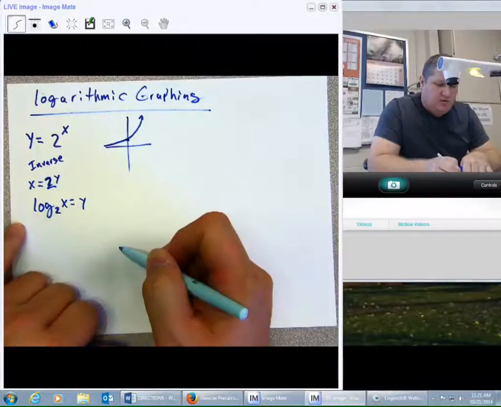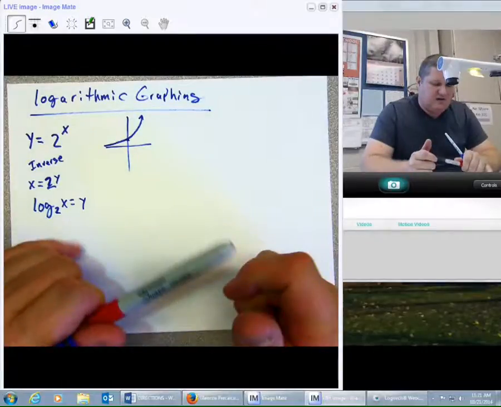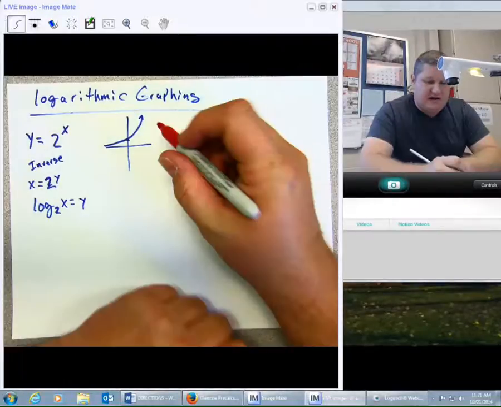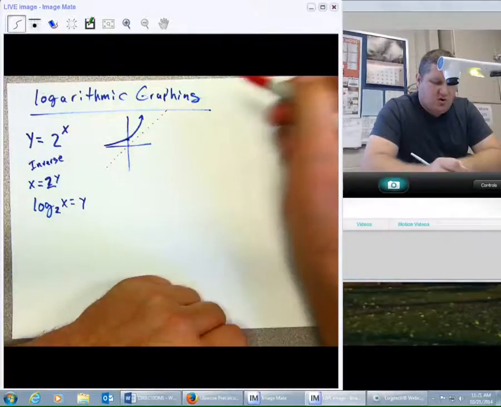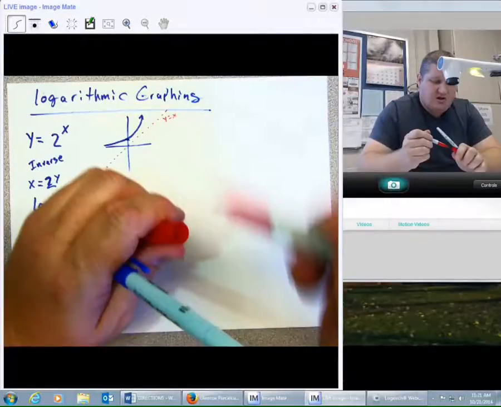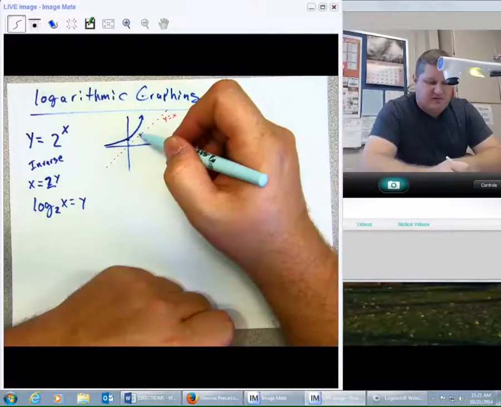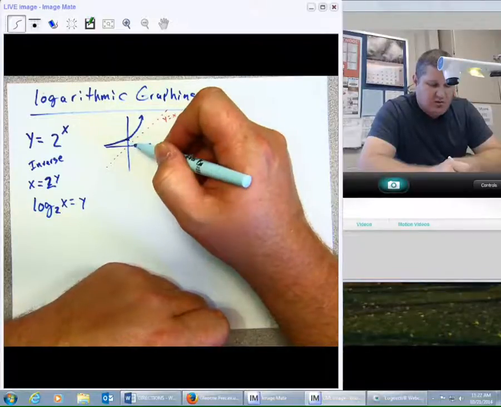Well, when I go to graph that, I need to know, what does this graph look like? Well, anytime we have inverse graphs, we know that we flip this graph over the line y equals x. So, in doing inverses of exponentials, instead of going up 1, we're going to go over 1.